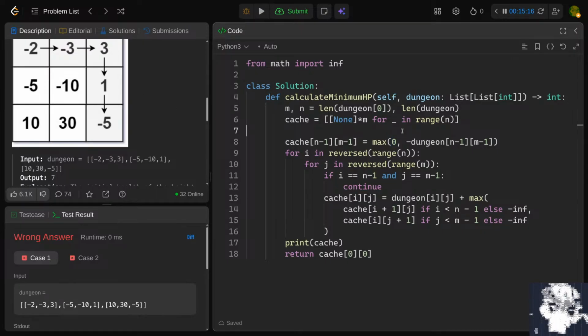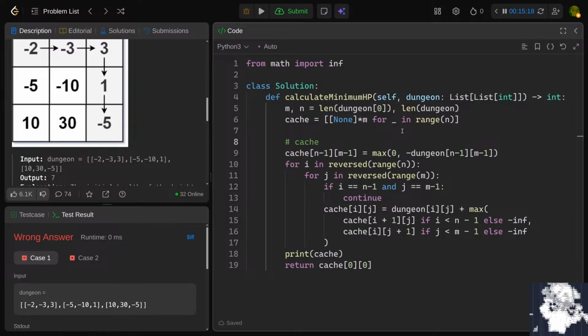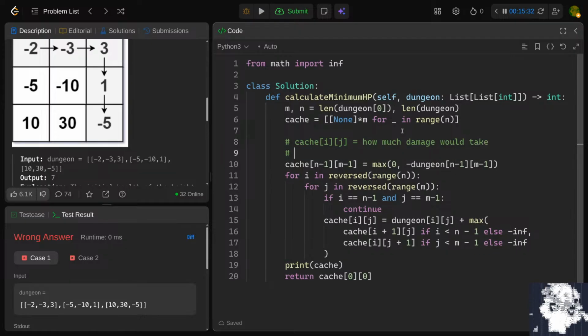Why don't we just say cache of i, j equals how much. That's the same thing. But let me just write it down so I can stop getting confused.